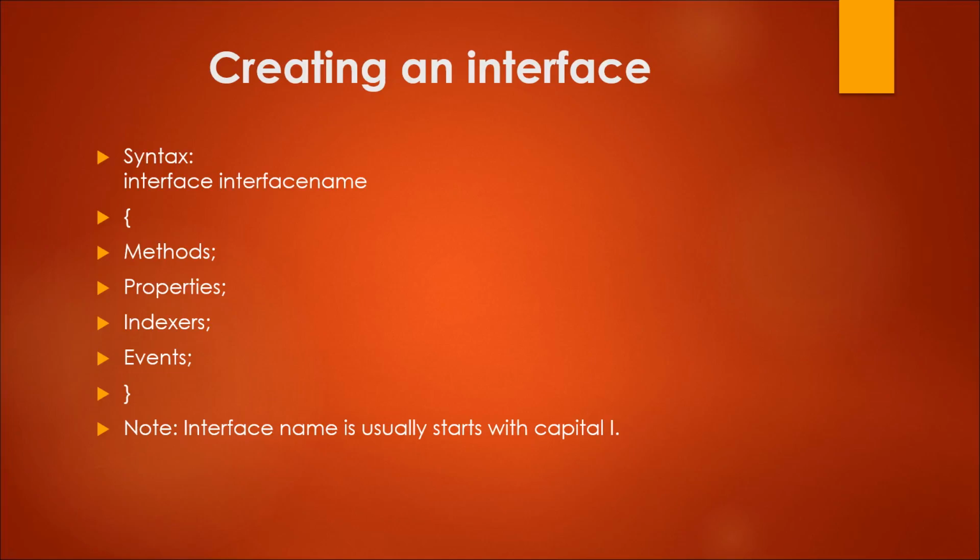Only the difference is that this is only having the declaration and not the definition. So looking at the syntax, we have this interface keyword and the interface name, then the opening and closing braces, and then you can declare methods, properties, indexers, and events inside that.